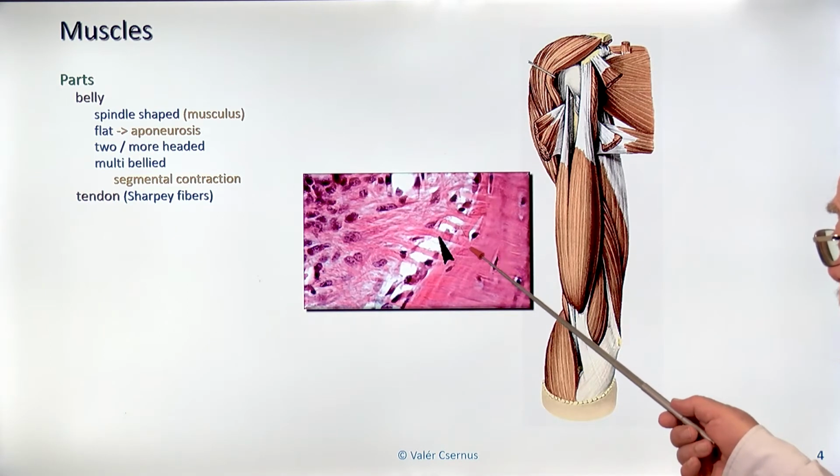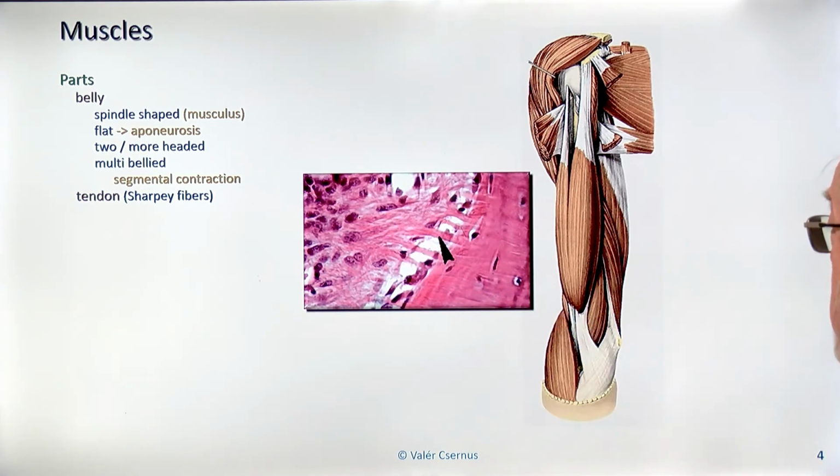The tendon originates from the bone in a very tricky way.